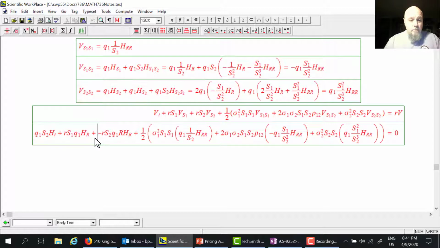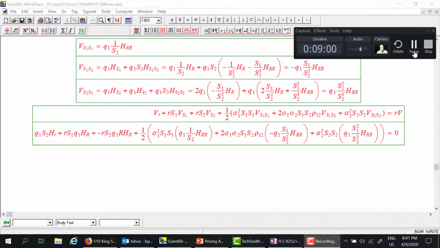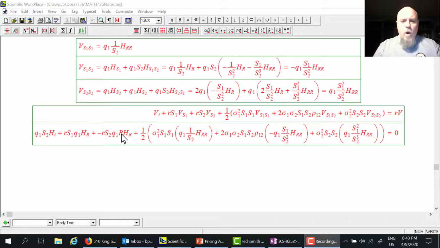Oh, here's an R. Remember that R is S1 divided by S2. So R times S2 is S1.